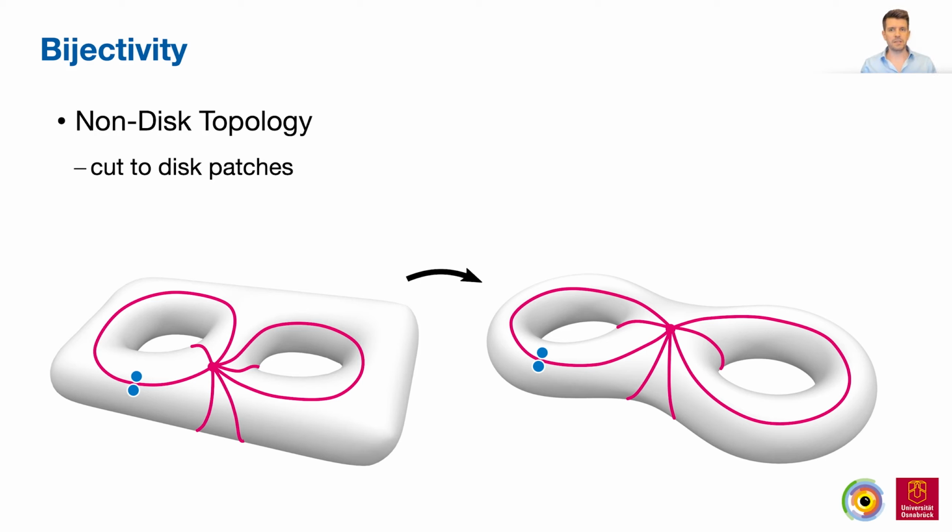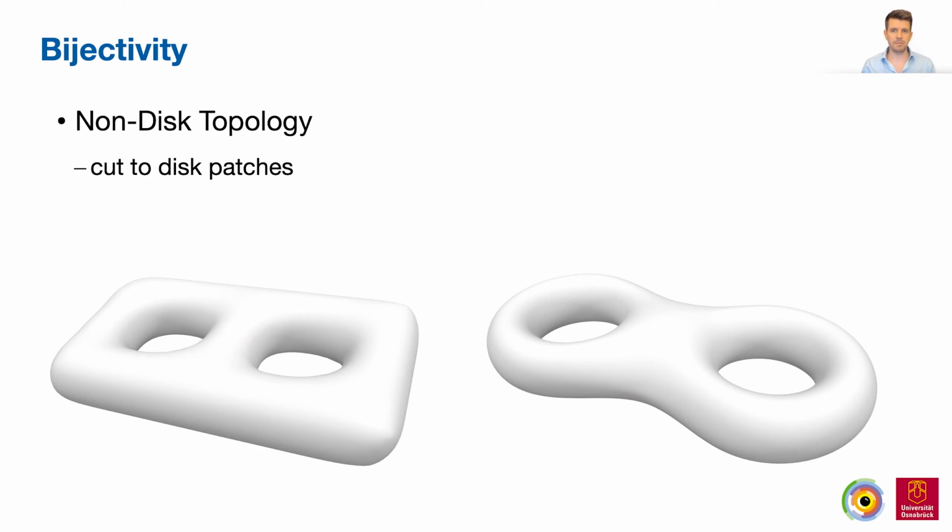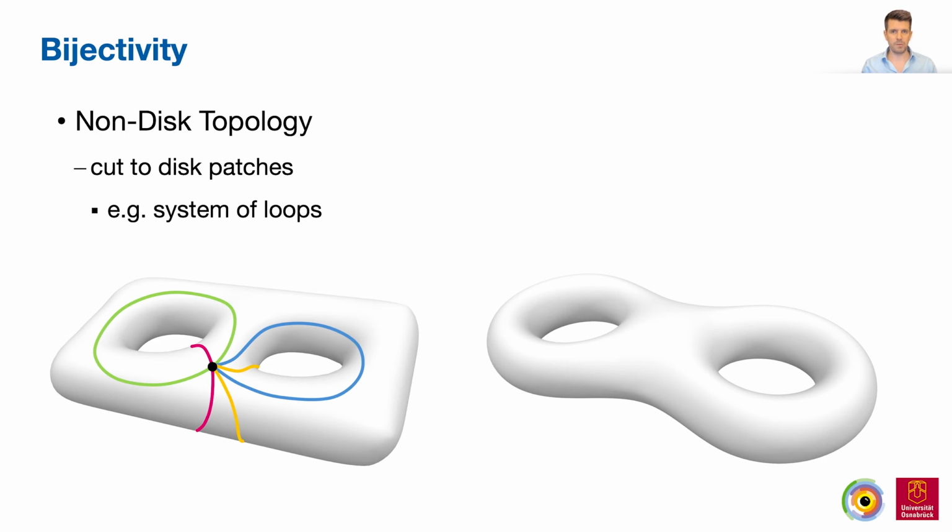However, this is only feasible if the cut graphs on A and on B are structurally identical, if they have the same combinatorial graph structure. The probably simplest way to achieve that is to use a cut graph that is a so-called system of loops, a set of loops rooted at a common point.